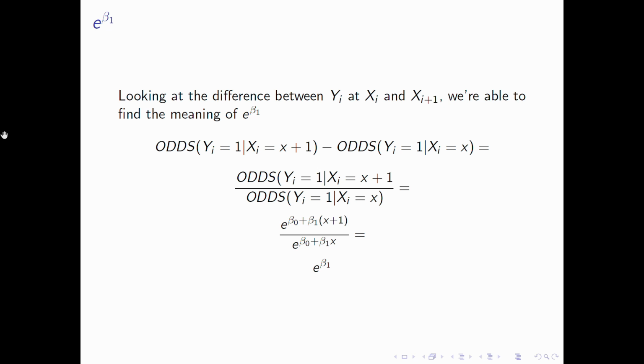But anyways, what we get here is when you take the odds of xi being at x plus 1 and divide by the odds of xi at x, you get that the ratio is e to the beta 1, meaning as x goes from x to x plus 1, e to the beta 1 is the multiplicative increase in the odds.